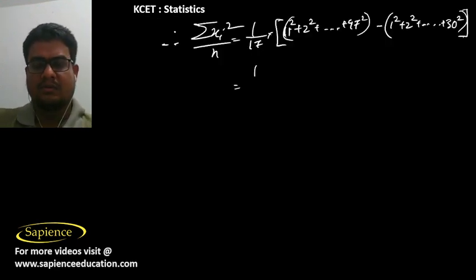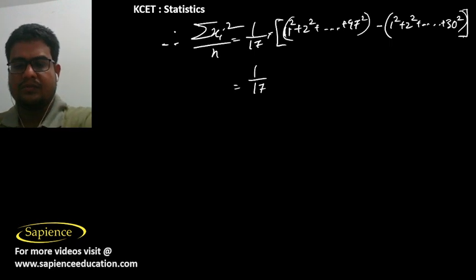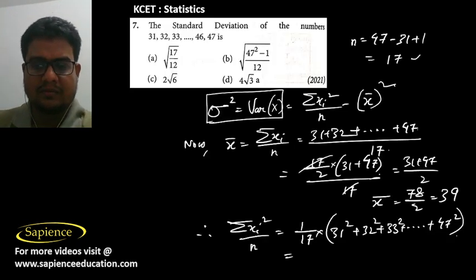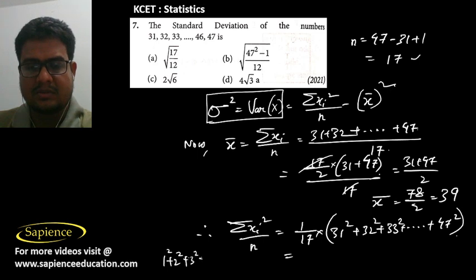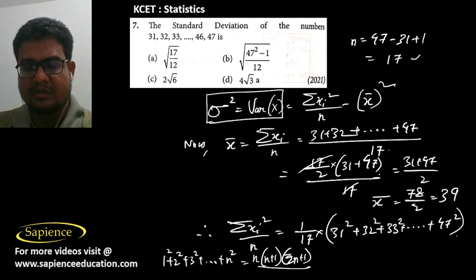So then this will be 1 by 17. We know that sum of the squares till n terms is equal to n into n plus 1 into 2n plus 1 by 6.